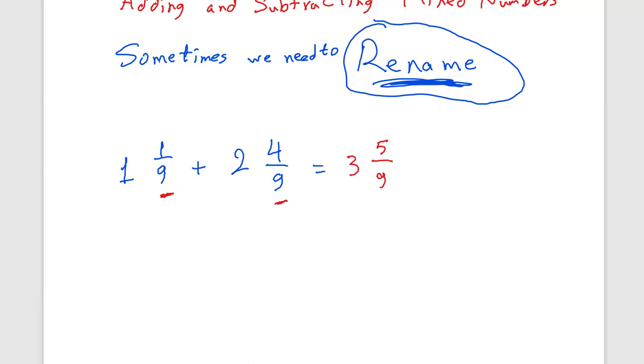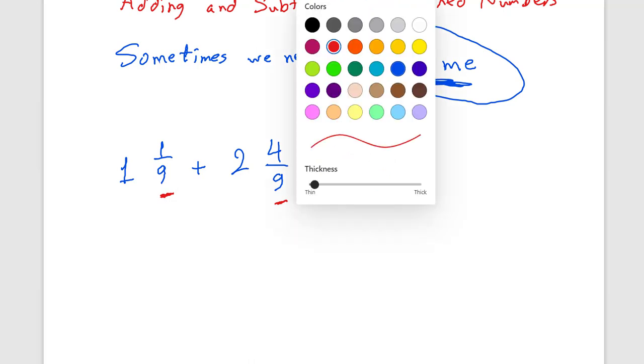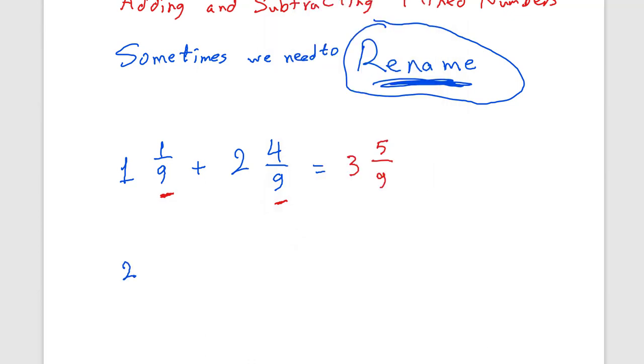As you can see here, we don't have to do any renaming or simplest form or anything else. That's it. But sometimes, like this question, let's see this one. 2 and 3/4 plus 5 and 1/4.